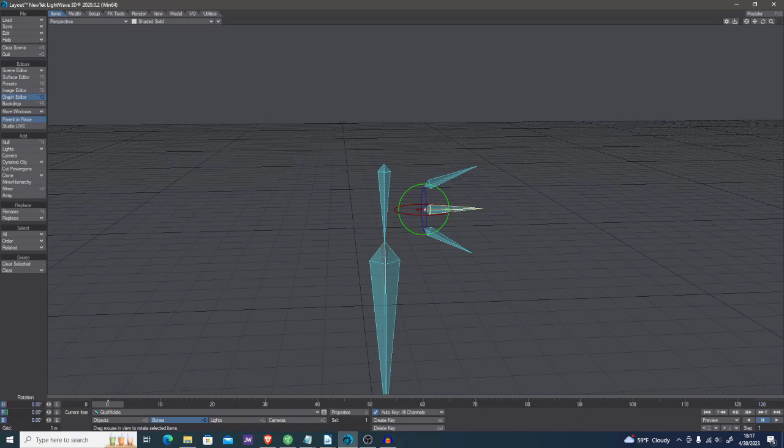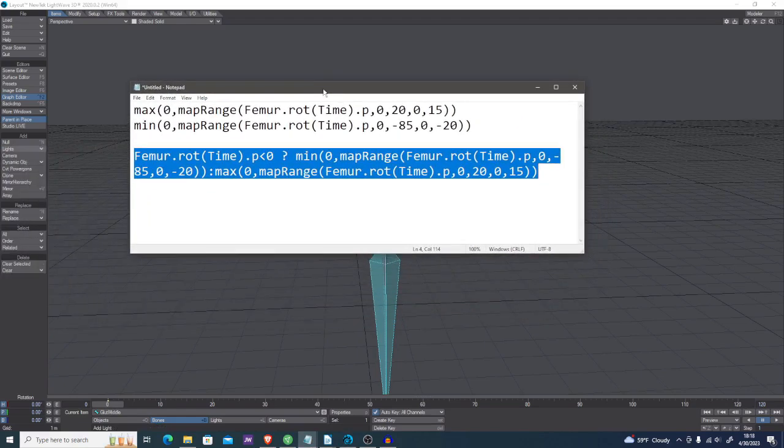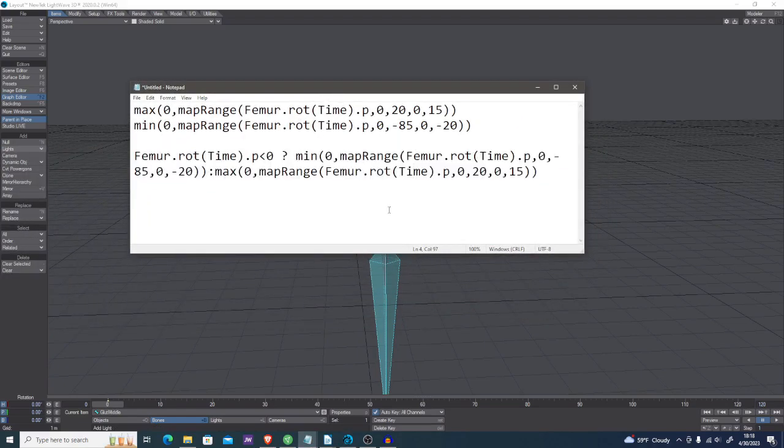Well, this is what I meant with, while using the motion editor or the motion options, you limit your flexibility. This area here, if you remember when I used the sine function, you have to remember any variable that's used in Lightwave is assumed to have a 1 beside it or to be multiplied by 1.